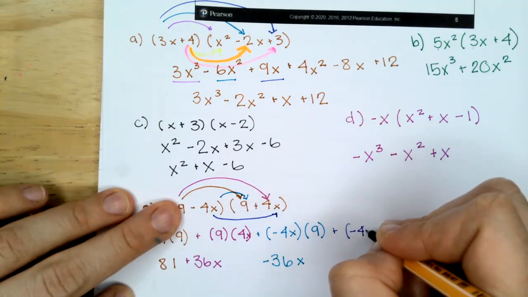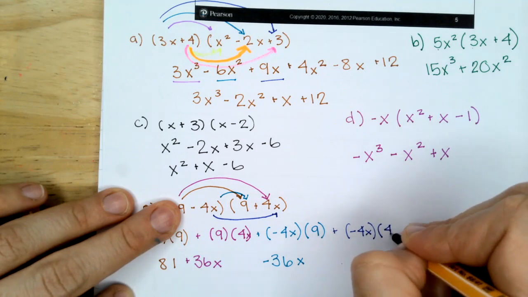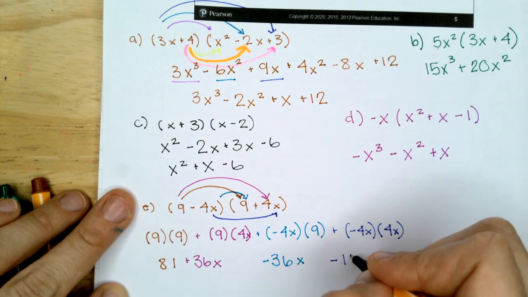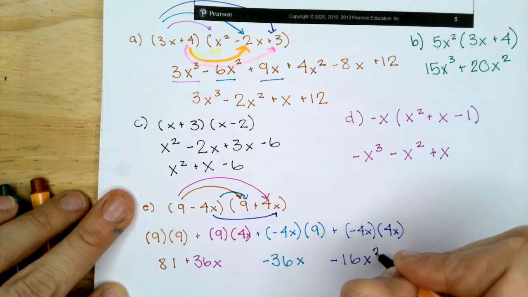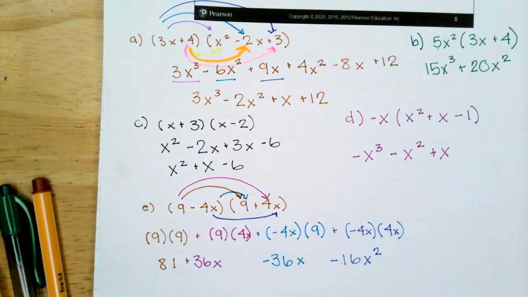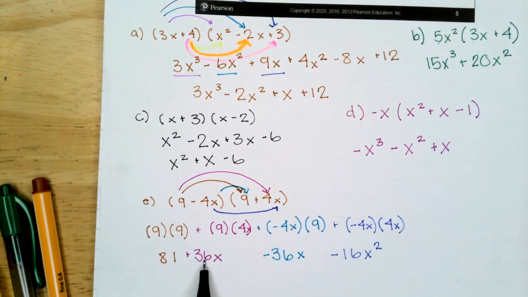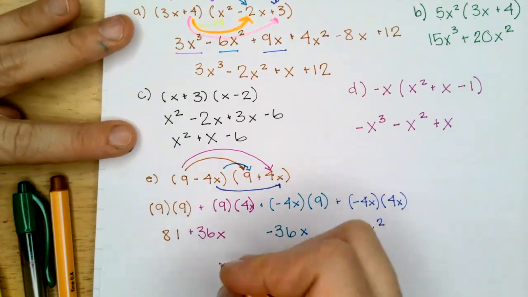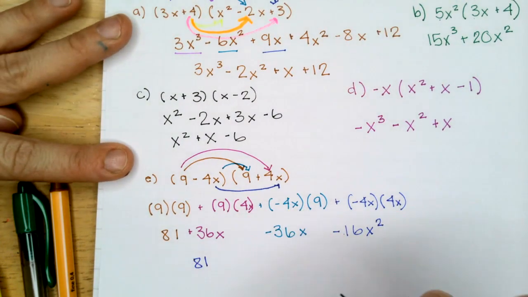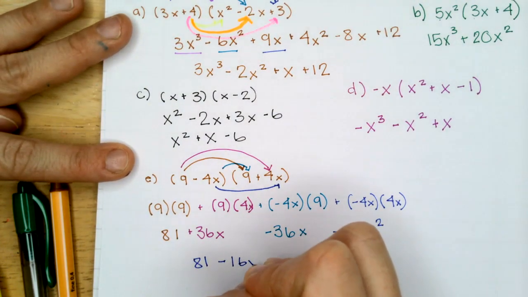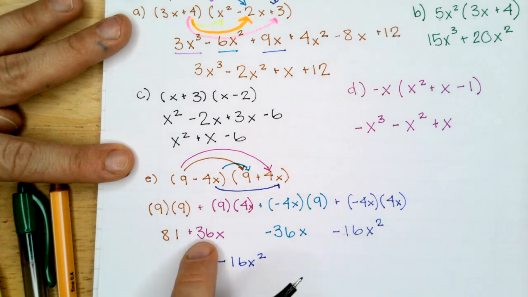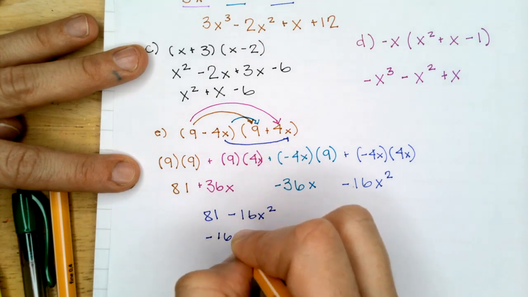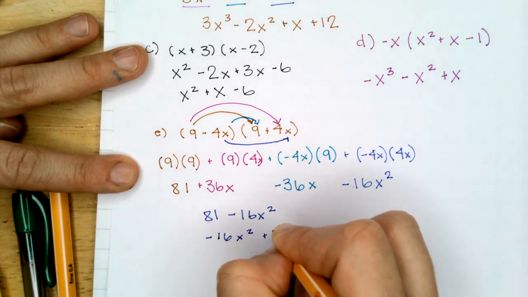Negative 4x times a positive 4x. Negative times a positive is a negative. X times x is x squared. Good. So this is 81 plus 36x minus 36x minus 16x squared. 81 minus 16x squared, because 36 and negative 36 cancel, or you could call it negative 16x squared plus 81.